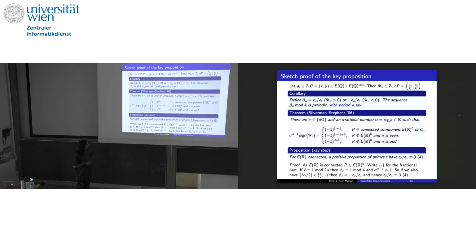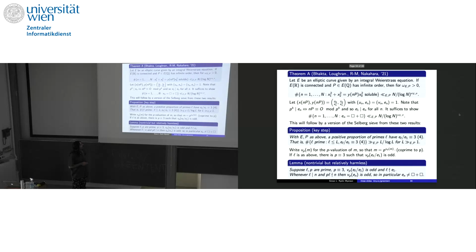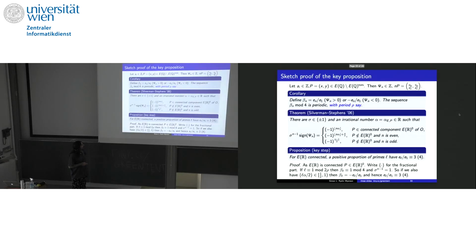So this is like saying that if we let L range over primes in this arithmetic progression, then this fractional part is equidistributed in the interval 0, 1, which is true. Okay. So that's the sketch proof of this key proposition.